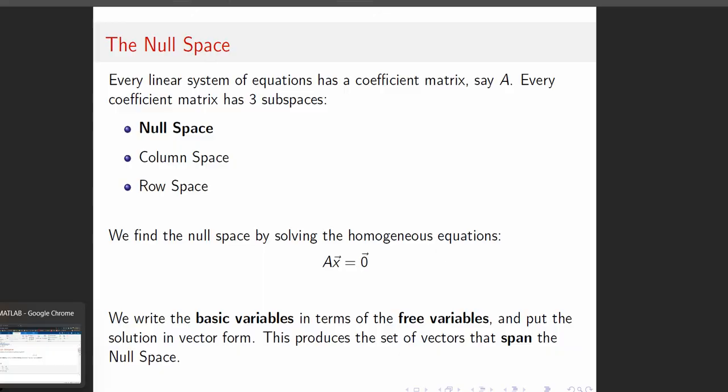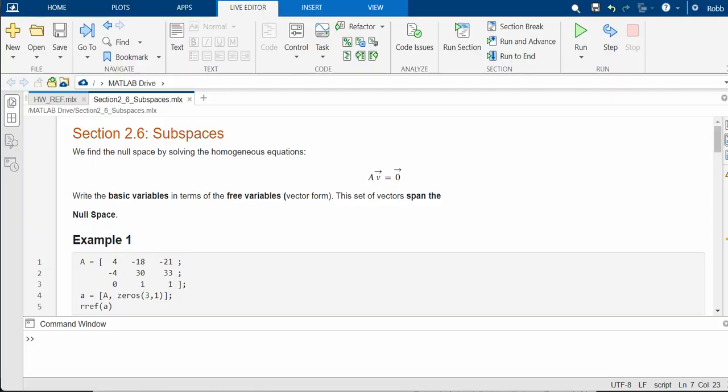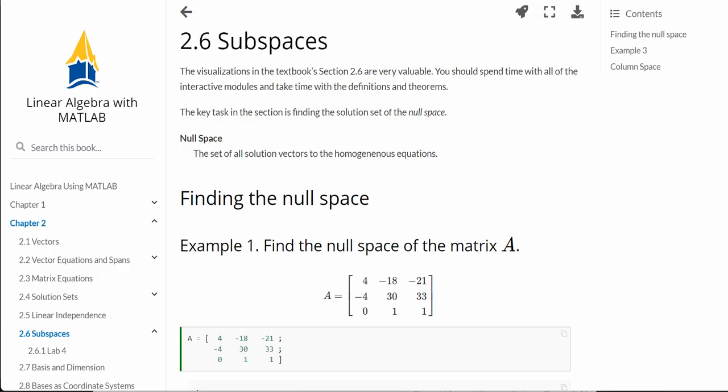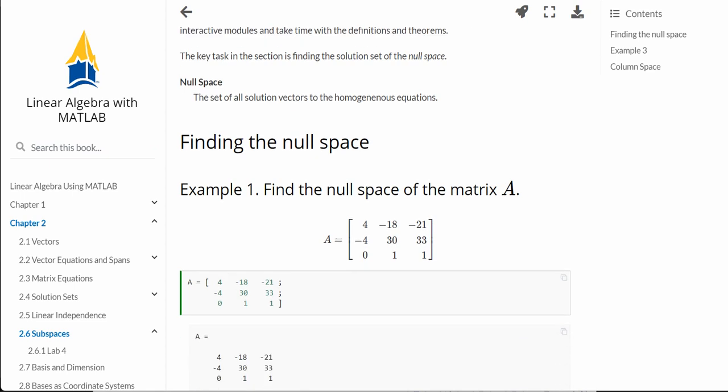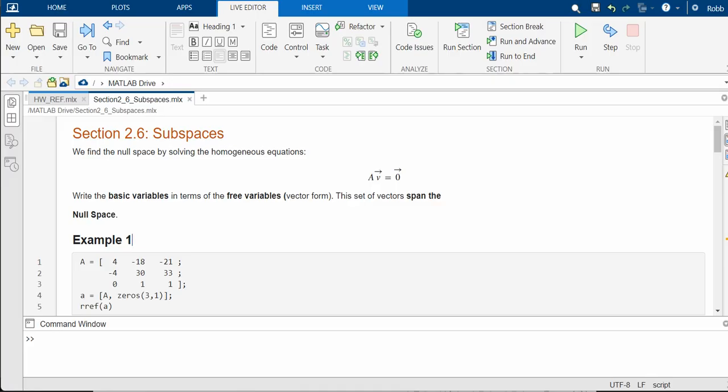Let's check over here in the textbook. Okay, and this is example one. Again, I'm going along with the subspaces section in the online notes, and I'm doing this exact matrix A. I actually copied it using the upper right-hand corner here for matrix A. That's how I got this stuff in. Notice that I'm augmenting the matrix capital A after I create it in this step.